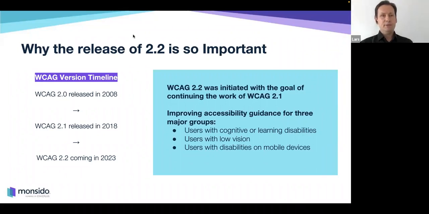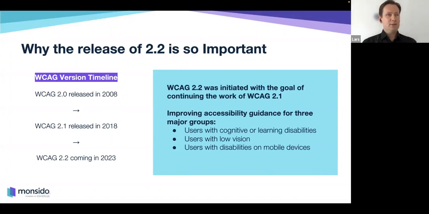And now we have this new version 2.2 coming up, and it's really because, as I said in the beginning, the WCAG standard is meant to be a broad standard. It should not only cover visual impairments, for example. It should cover a lot of things. And one of the things that was always difficult for the people who make this standard is to make good success criteria for people with cognitive impairments.